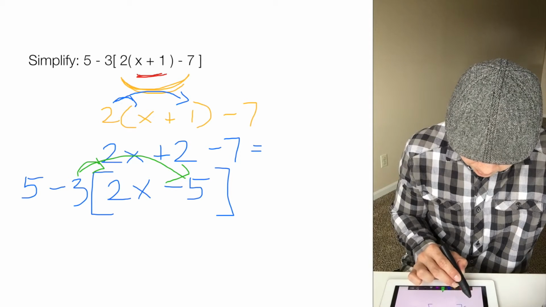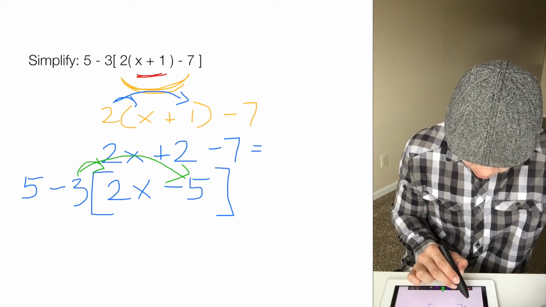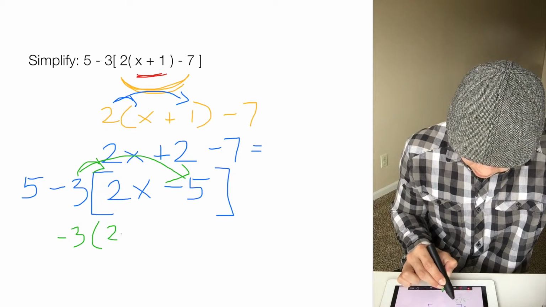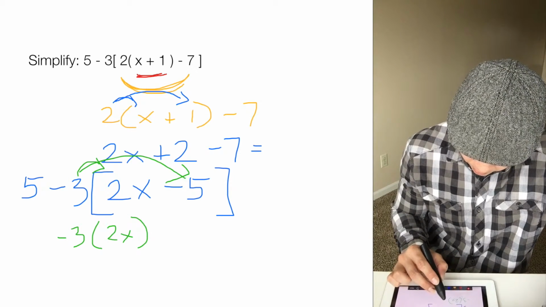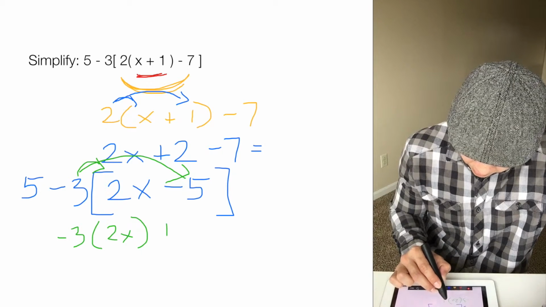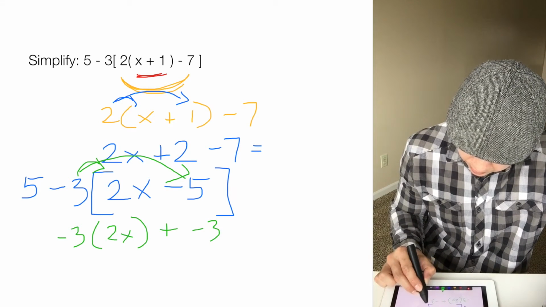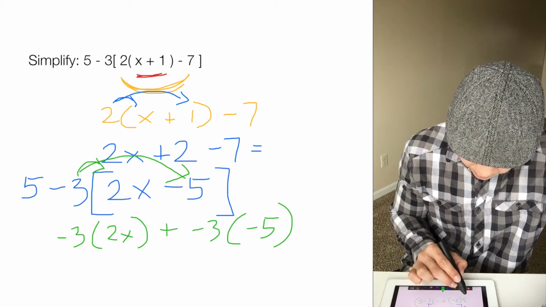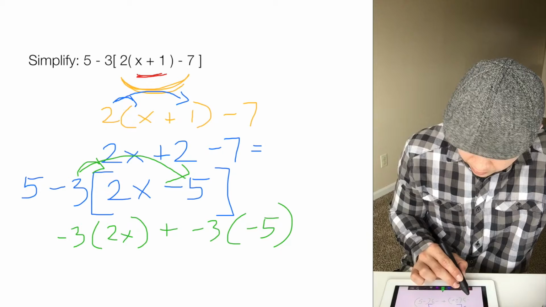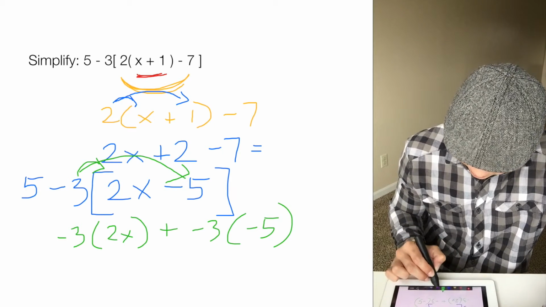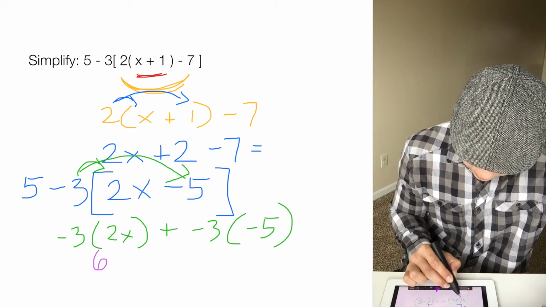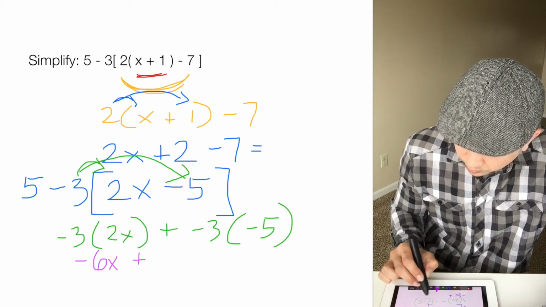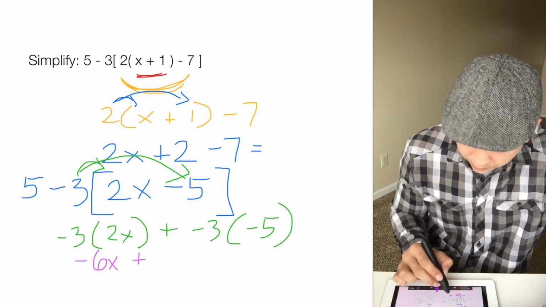So we have negative 3 times 2x plus negative 3 times negative 5. So that gives us negative 3 times 2x is negative 6x, plus negative 3 times negative 5 is 15.